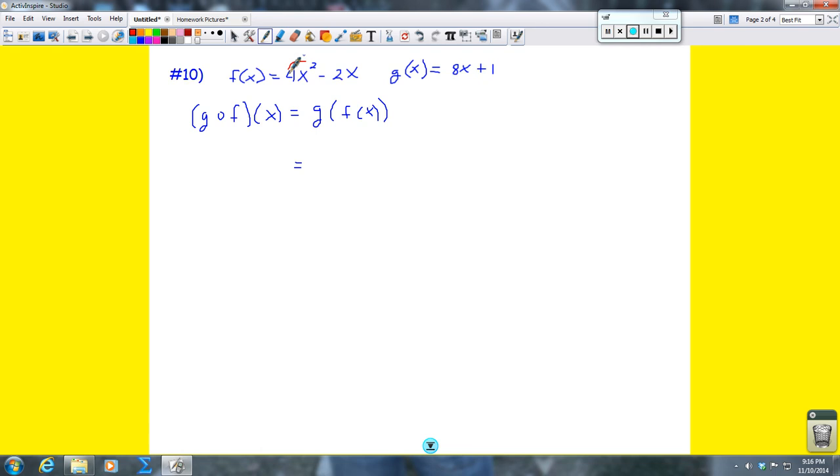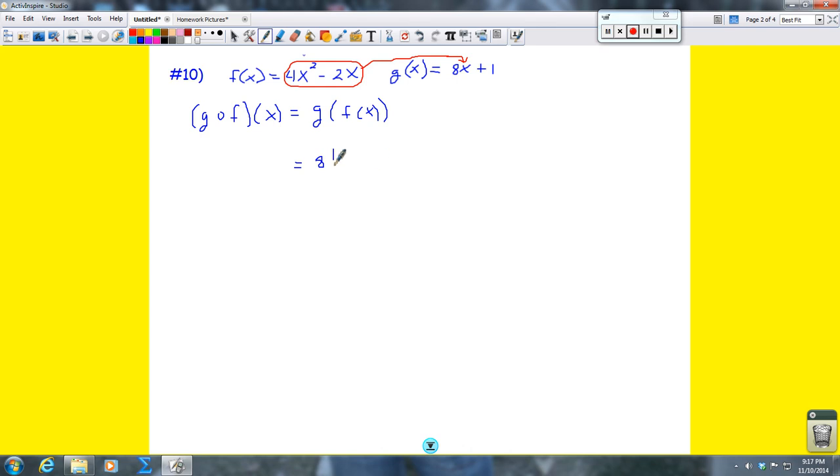Well, this is f right here. If you're going to put it inside of g, it means you're going to place all of that function in for x. So I'm going to do all that math work right here.